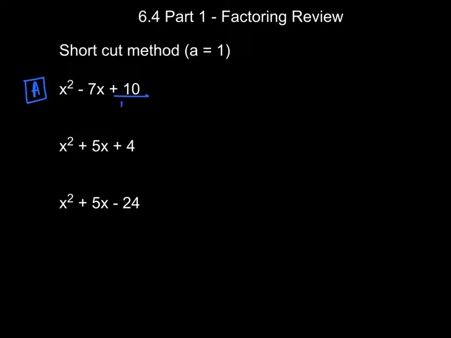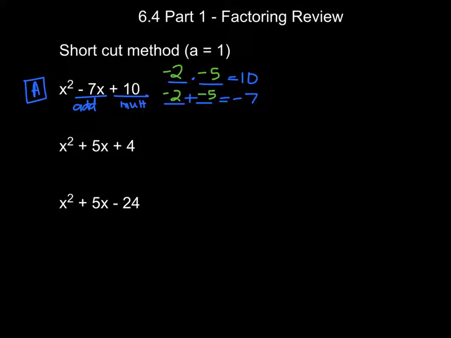So 10 is what they're going to multiply to give me, and negative 7 is what they're going to add to give me. So I want 2 numbers, we can write it like this, that multiply to give me 10 and add to give me negative 7. It may take you a minute to think about those numbers, but negative 2 and negative 5 satisfy that requirement.